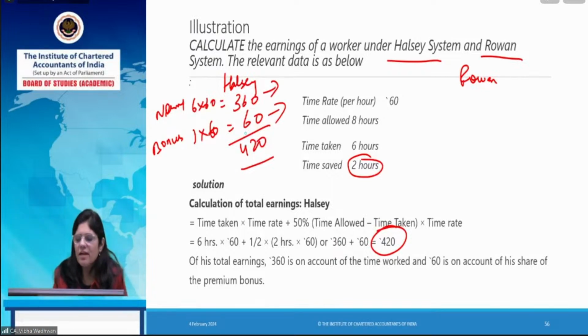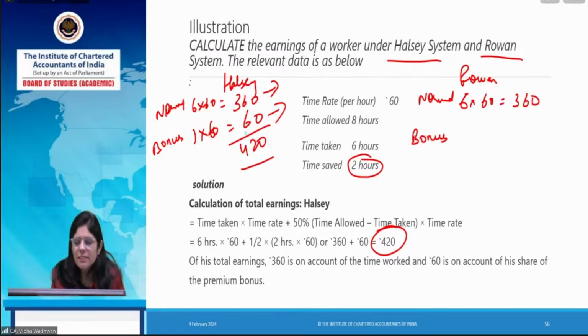All right. If I come to Rowan, again the normal remains the same, 6 hours into 60. Normal wage rate is the same for both. The bonus will be different. The method is different for the bonus. It says the percent of time saved to time allowed. So 2 by 8: 2 hours time saved, 8 hours time allowed, as a proportion of your total wages.